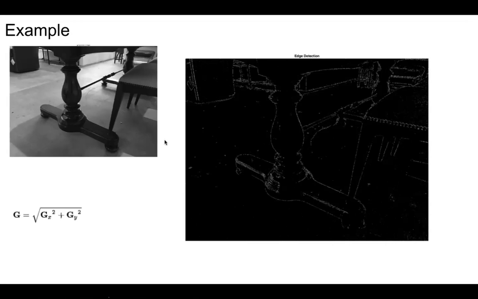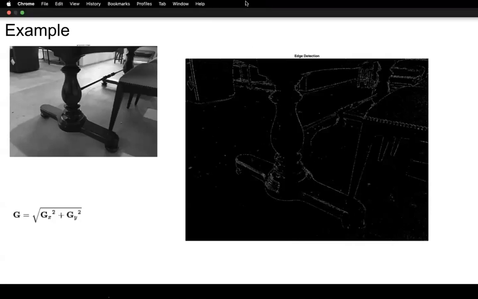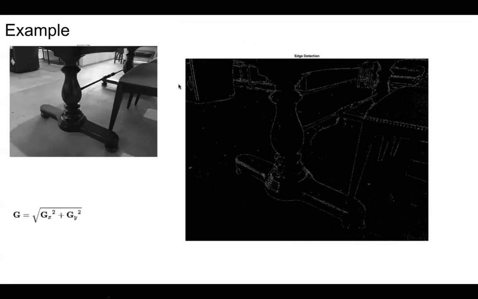So what happens is that, let's say we have an image and we now detect the edges or key points in it.